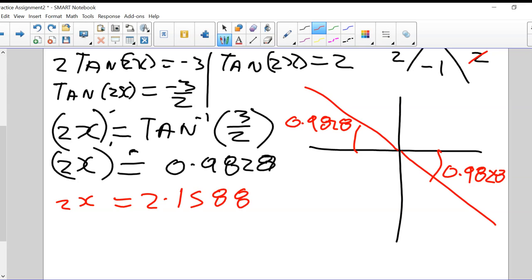Okay, so Jeremy gave us one angle in the second quadrant, but he also said it as an angle in the fourth quadrant, which I agree with, by the way, because that's where tan is negative. We're looking for answers where tan is negative. How would I get that answer and what is the answer? Tell me how to get it and then tell me what it actually is. So one of the answers is 2.1588, which he got from taking pi minus 0.9828. How would I get the one in the fourth quadrant?